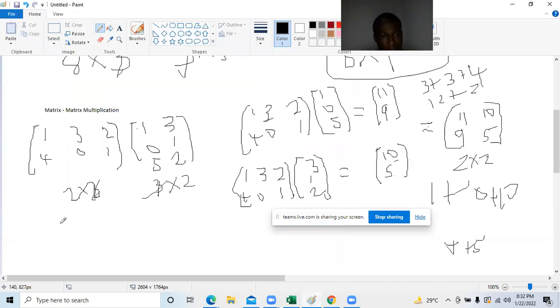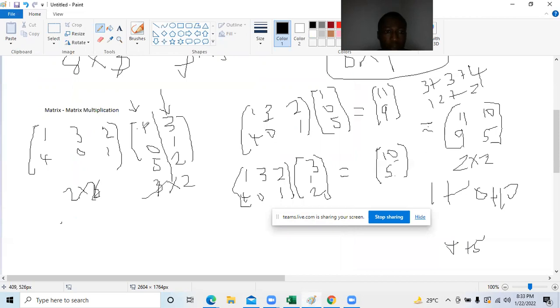This is a 2 by 3 matrix, 1, 4, 3, 0, 1, 2, right? And this is a 3 by 2 matrix, 1, 0, 5, 3, 1, 2. You can't multiply this matrix by this matrix directly. The only way you can do it is to separate this one into two vectors. So this is one vector, this is another vector.